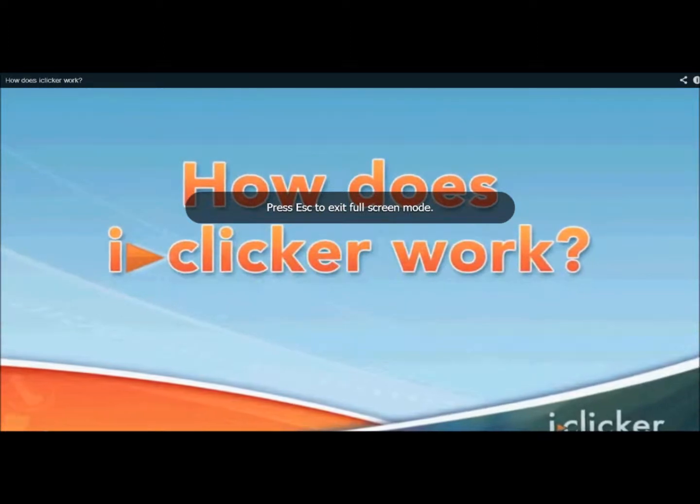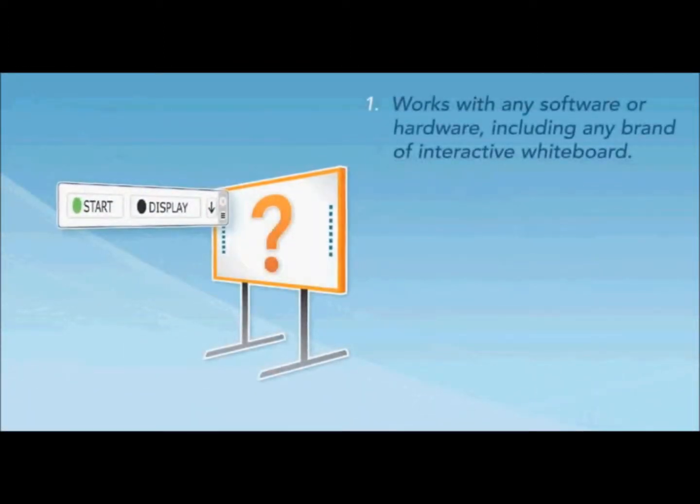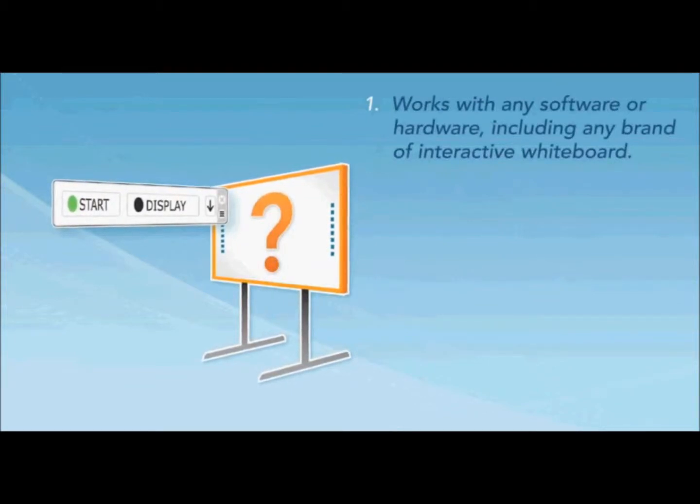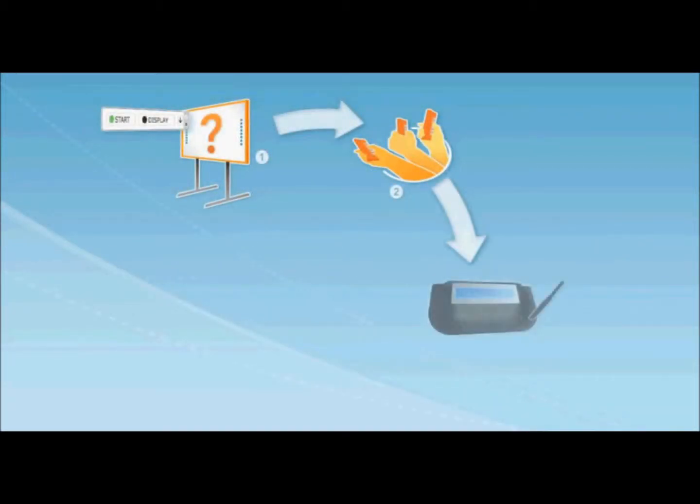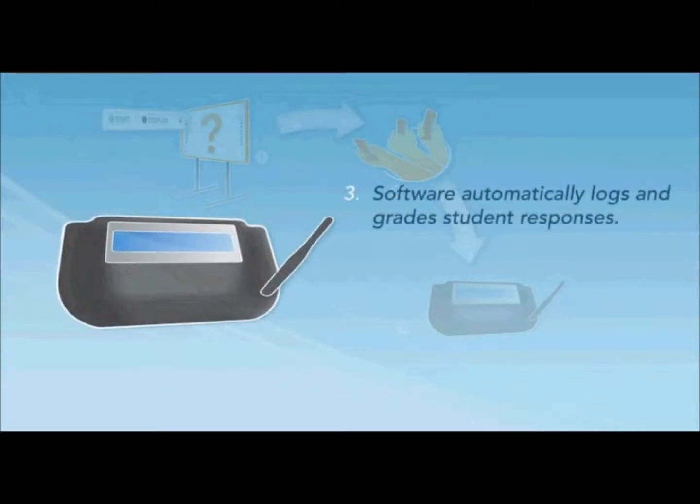How does iClicker work? With iClicker, you can ask a question from the application of your choice, including PowerPoint, Word, a PDF file, old standardized tests, a website, anything. Each student then responds to the question by clicking the appropriate button on the iClicker remote. A wireless signal from each responding remote or clicker is immediately sent to the receiver.